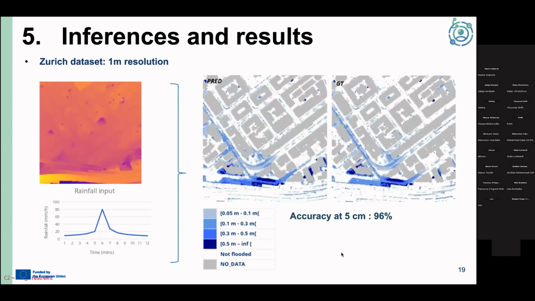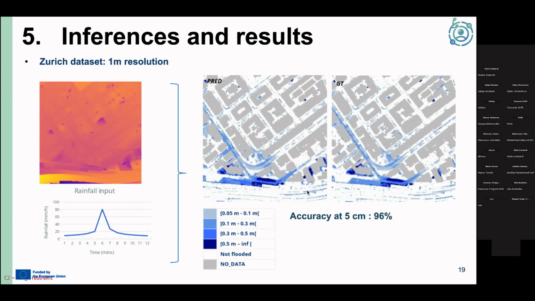So we are doing the same thing for the Zurich dataset, and on the left still the DEM and the rainfall events. We can see that our model is doing better with a higher resolution because it has a better accuracy. It's also because we have a lot of scenarios for the Zurich dataset as well.